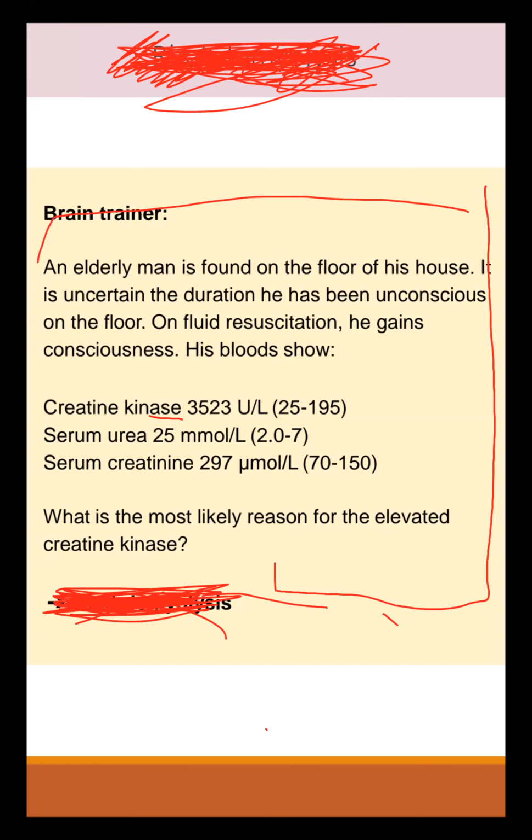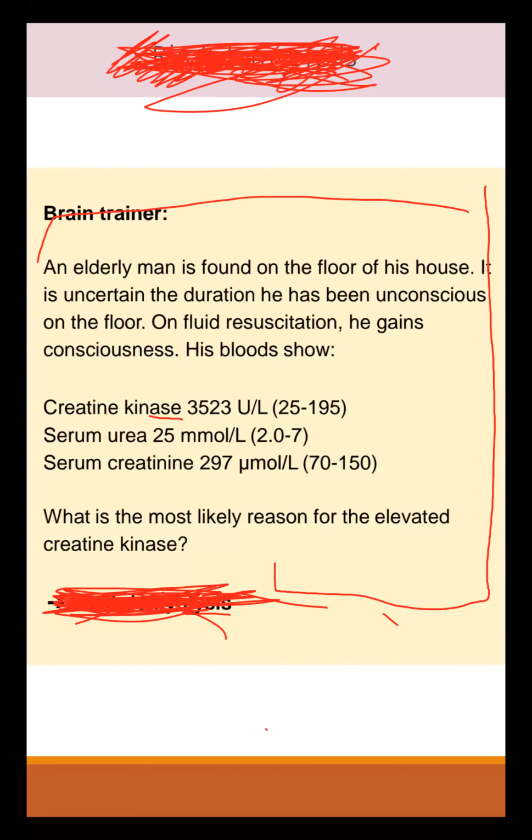An elderly man is found on the floor in his house. It is uncertain how long he has been unconscious on the floor. On fluid resuscitation, he gains consciousness. His blood shows creatine kinase 3523, serum urea 25, serum creatinine 297. What is the most likely reason for the elevated creatine kinase?